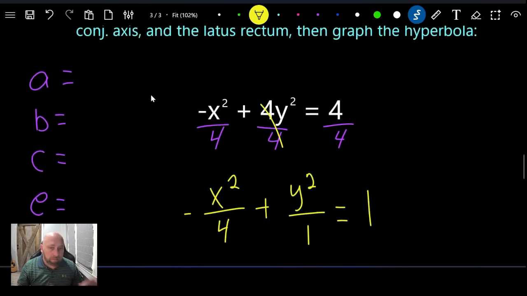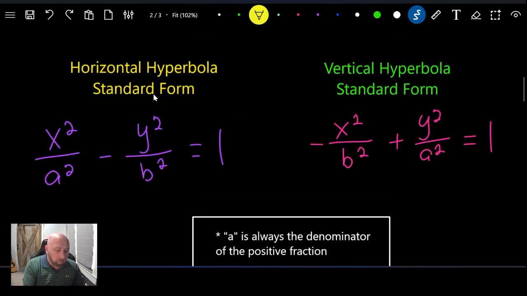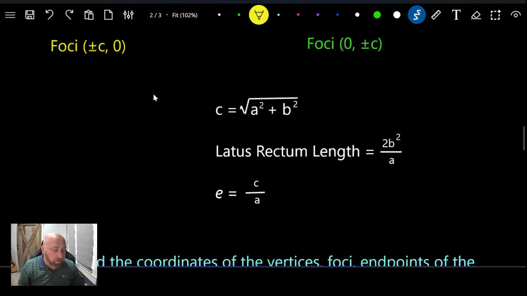Now, notice it says that the a squared is always going to be the positive one. So in other words, this is going to be our a squared, and this is not our a. We have to take the square root of that because it's 1 squared. If you go back to our standard form up here, we're going to be in this one over here, the vertical. So make sure that you take the square root of that if you want just the a.